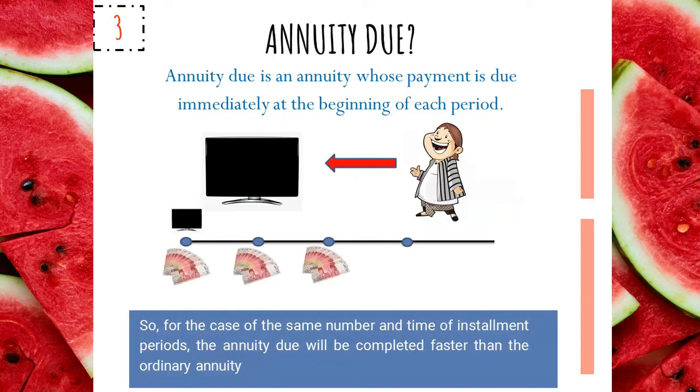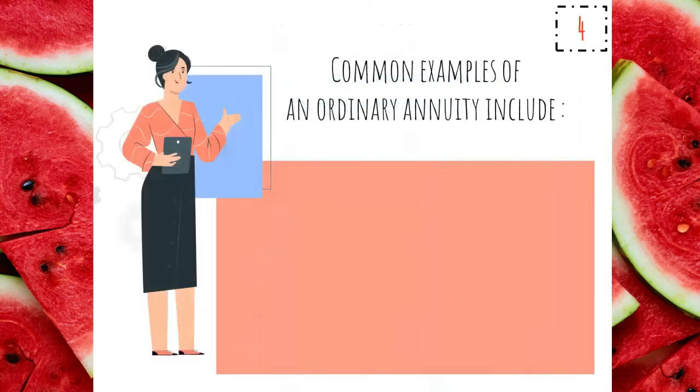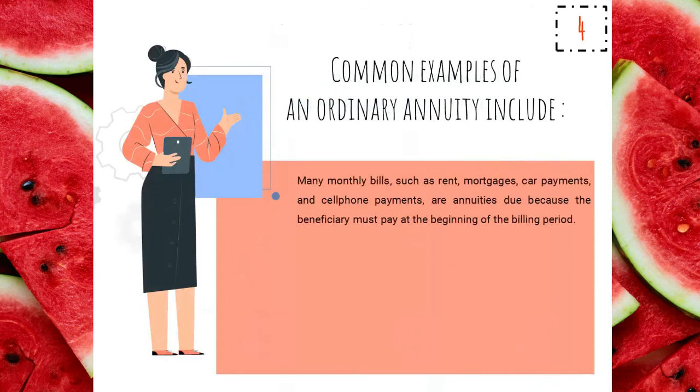than the ordinary annuity. These are common examples of an annuity due. First, many monthly bills such as rent, mortgage, car payment, and cell phone payment are annuity due because the beneficiary must pay at the beginning of the billing period.